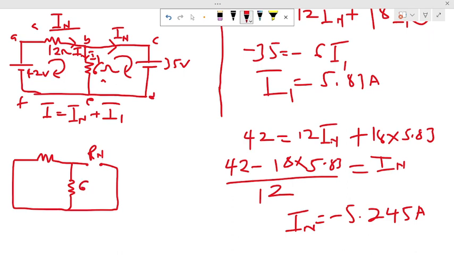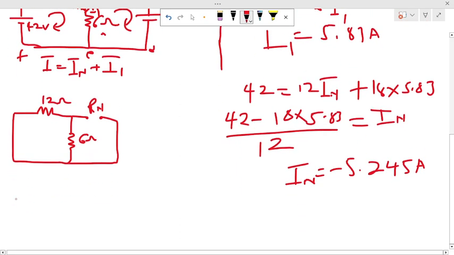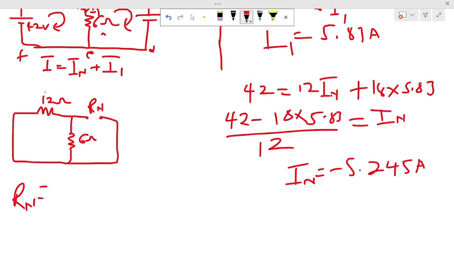Then you have 6 ohm. Then you have 12 ohm. Now the Norton's resistance will be equal to the resultant of these two resistors. Now these two resistors are parallel, and so we write 12 parallel 6, so it's going to be 12 times 6 divided by 12 plus 6.